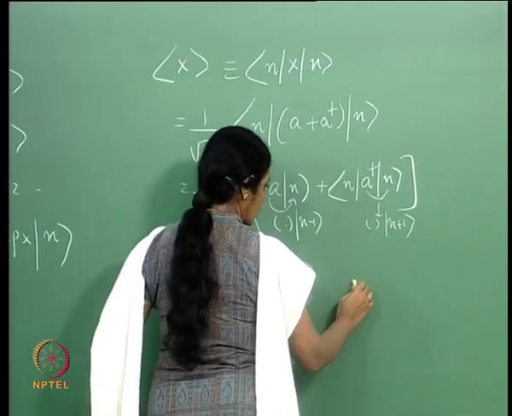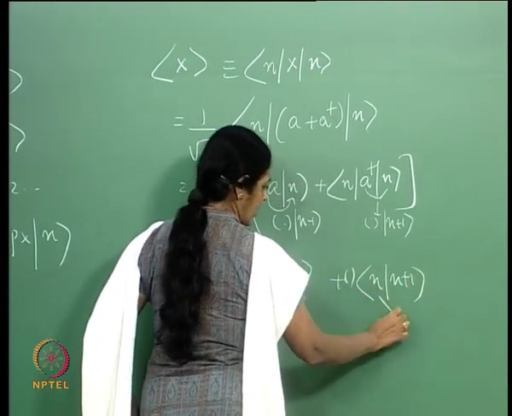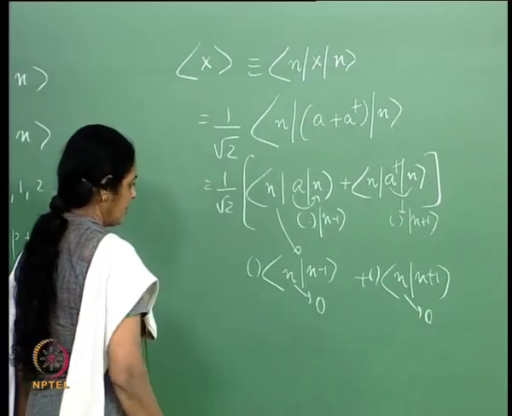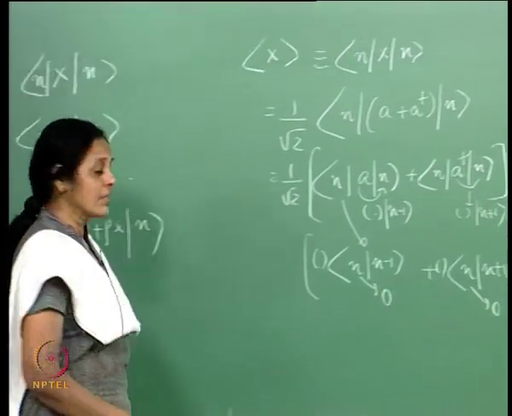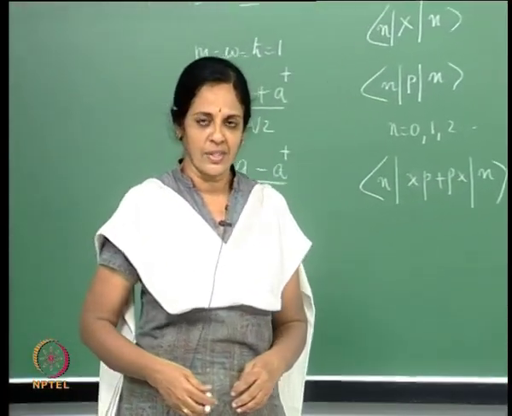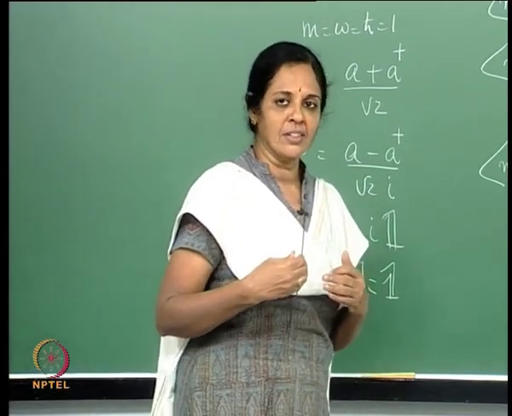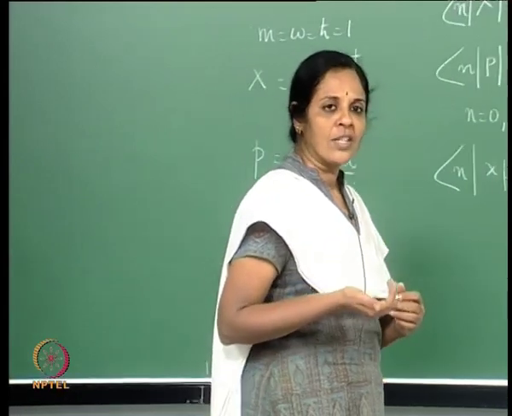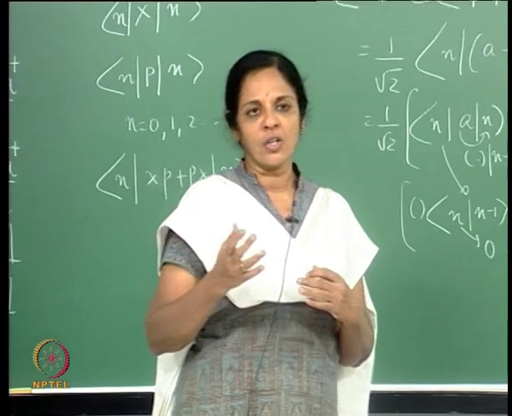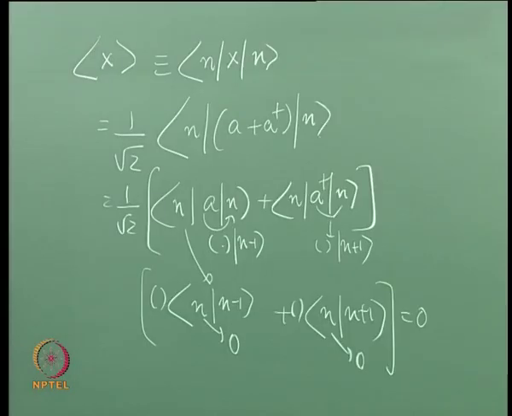Similarly, this would be <n|n plus 1>, and that is also 0, and therefore the expectation value of x in any state of the harmonic oscillator, by state I mean one of the natural basis states in that linear vector space or the Fock states, is 0. In quantum optics language you would refer to them as the photon number states and x as a quadrature variable. So expectation x is 0.